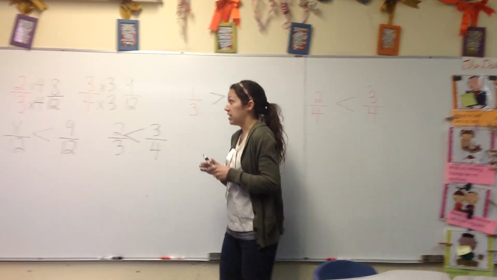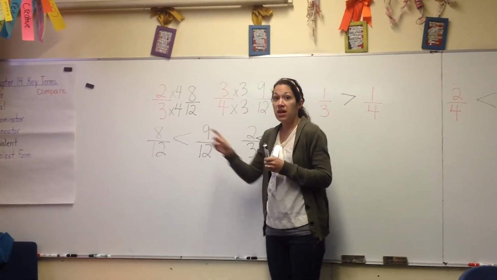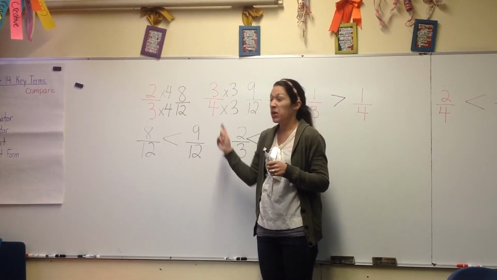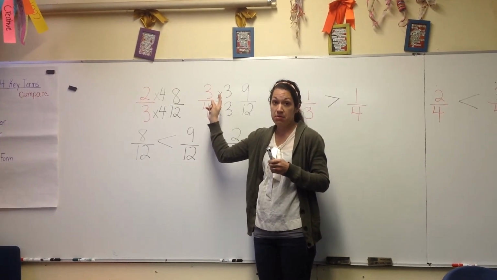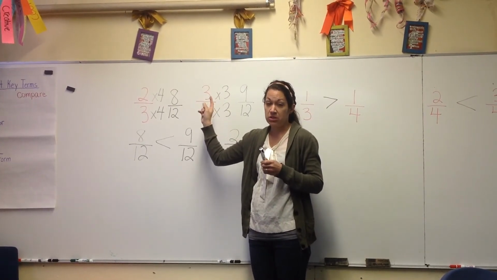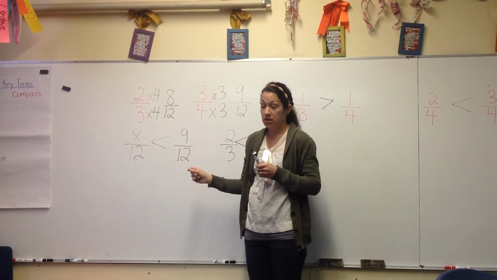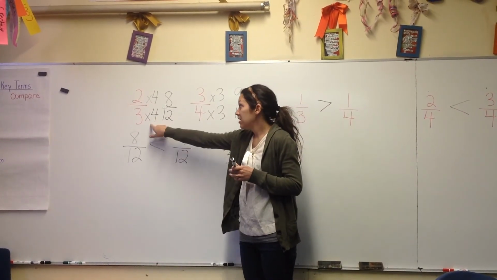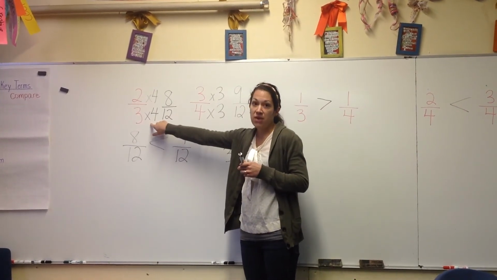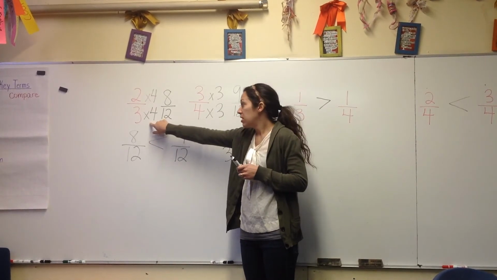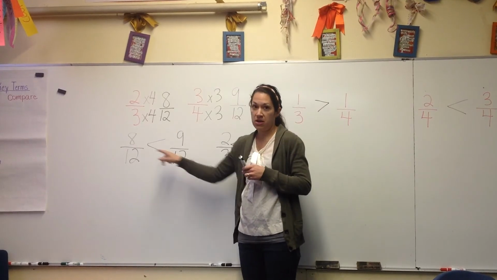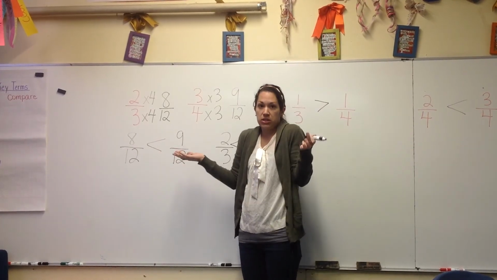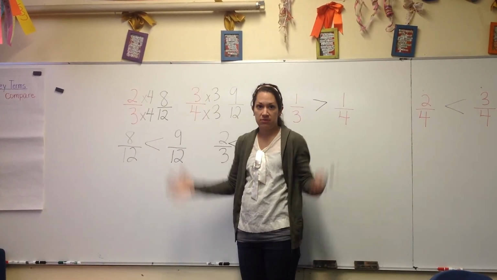And finally, if I have unlike fractions with different numerators, I have to make them into equivalent fractions with the same denominator. So I'll multiply by the other fraction's denominator to get equivalent fractions with the same denominator. And then I just look for the bigger numerator.